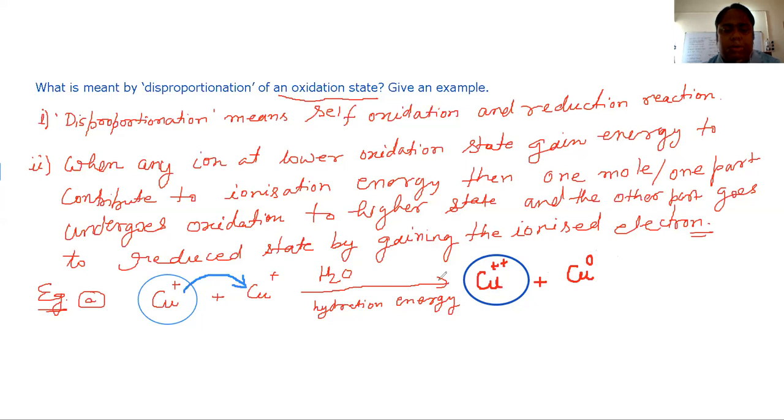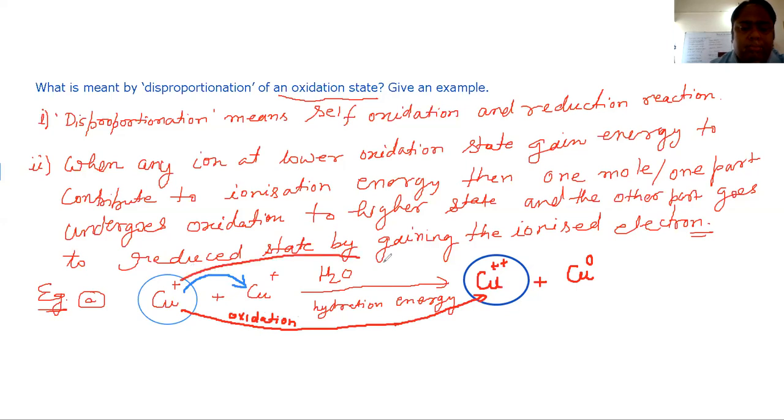So one molecule is undergoing oxidation and the other is undergoing reduction. Okay. So this is called as disproportionation reaction. So see, this is undergoing oxidation and this is undergoing reduction. So this process is called as disproportionation.